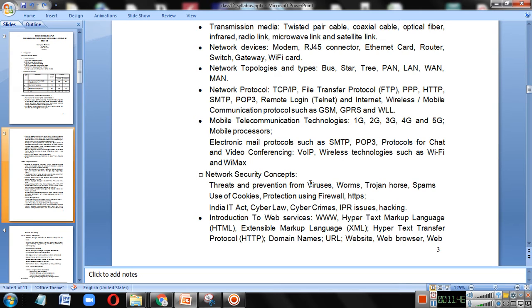Apart from that, the moment we say security, as you know, on today's networks so many crimes are taking place. For that we have the Indian IT Act, cyber law, cyber crimes and IPR issues, hacking, etc. we are going to discuss in network security concepts.